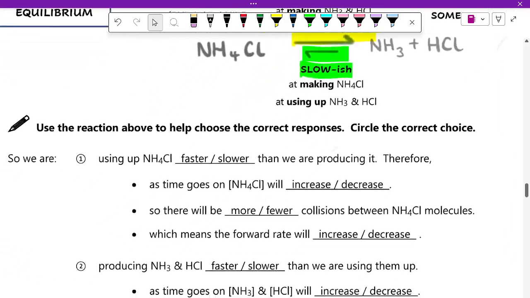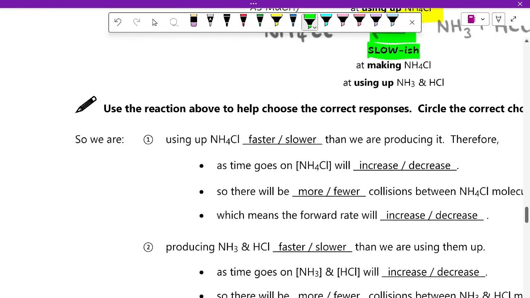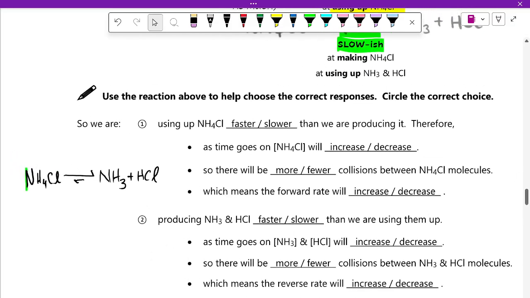Using that fact that your forward rate is fast-ish. Why does it want to keep making my lines straight for me? That's unhelpful. It thinks it's being helpful, but that's what Microsoft does. It tries to be helpful and fails miserably. NH3 plus HCl. So our forward rate is faster than the reverse rate. Using that, can you please try to fill in these little doodads here?